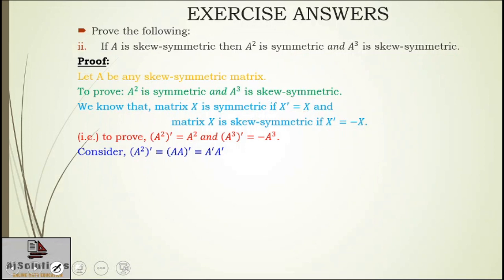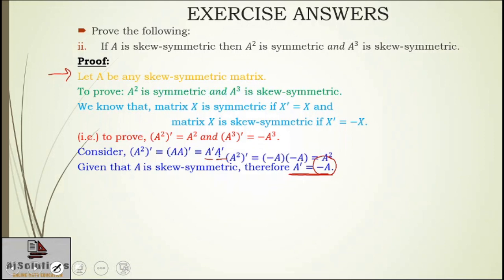For that we are going to use the hypothesis. Our hypothesis is A is skew symmetric. So if A is skew symmetric, A transpose will equal minus of A. So in place of this A transpose, I am going to use the value minus of A. So I will have minus of A into minus of A, like this.